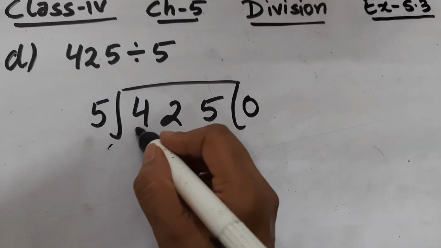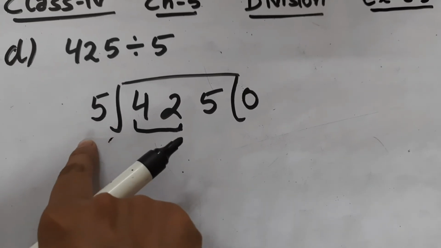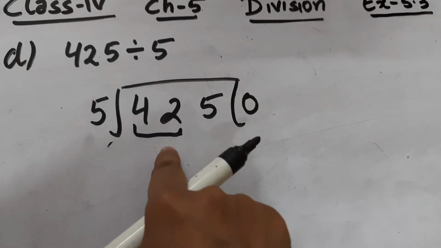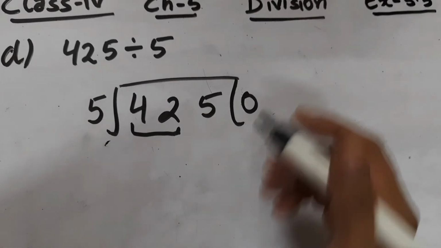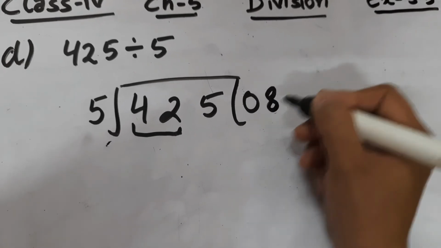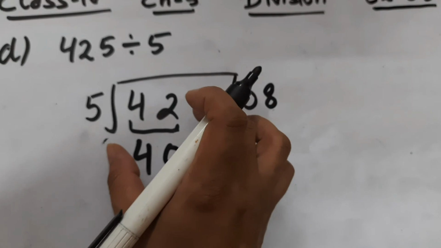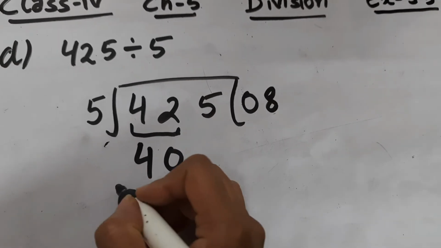Okay, and we will consider 42. Now is 42 divisible by 5? 42 is not exactly divisible by 5. So we will take a number that is just smaller than 42 and comes at the table of 5. That is 5 8s are 40. We will take 40. Okay, because 5 9s are 45, which will be greater than 42.